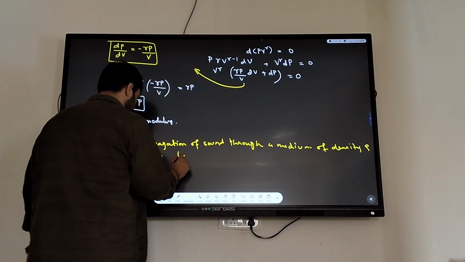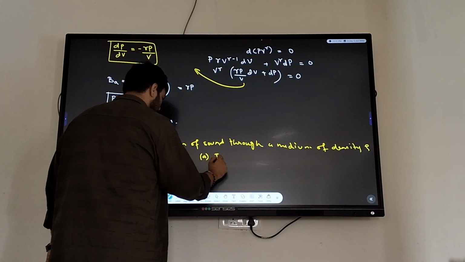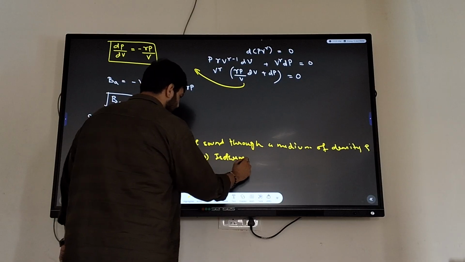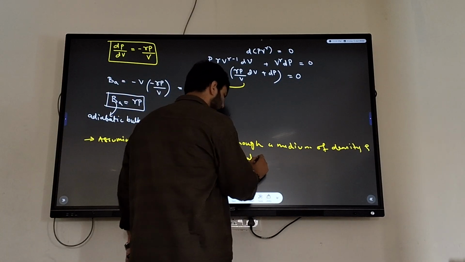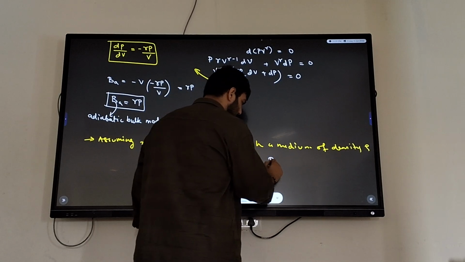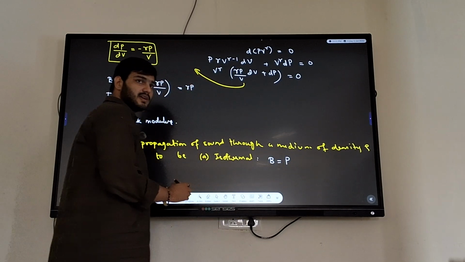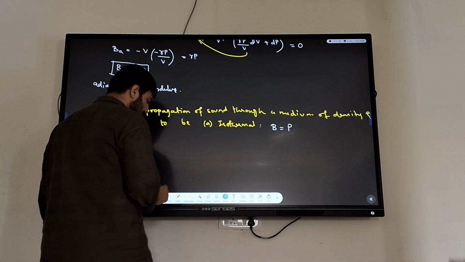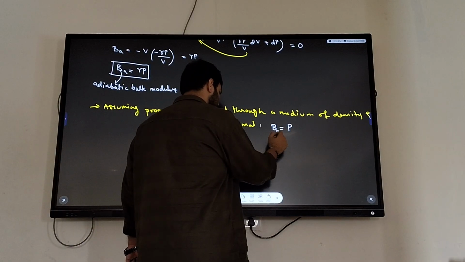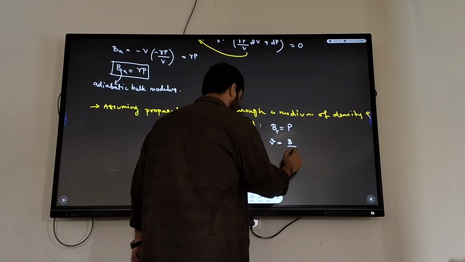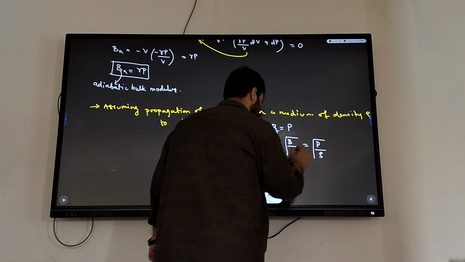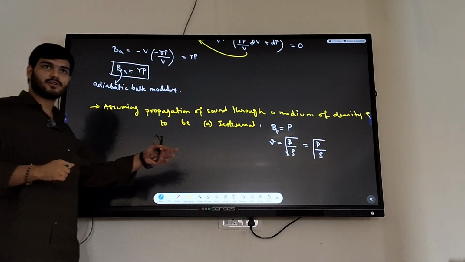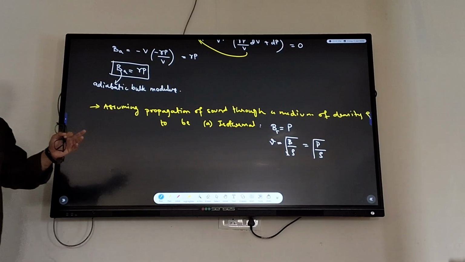If I assume isothermal, then what is the bulk modulus that we found? That's P, right? Then what will the speed of sound come out to be? B by rho, that's under root P by rho. And do you remember what this result is called? This is Newton's result.